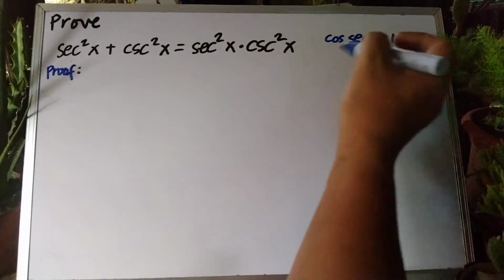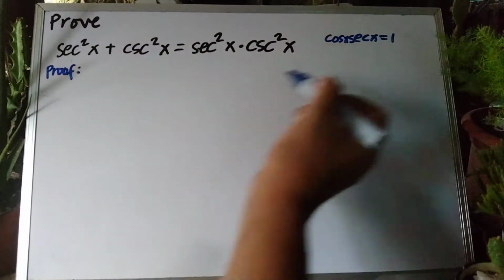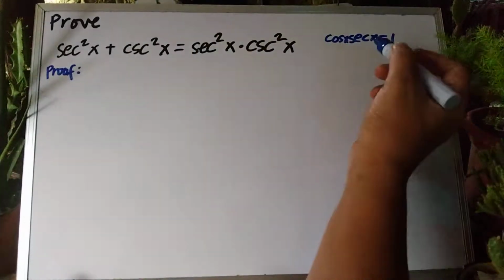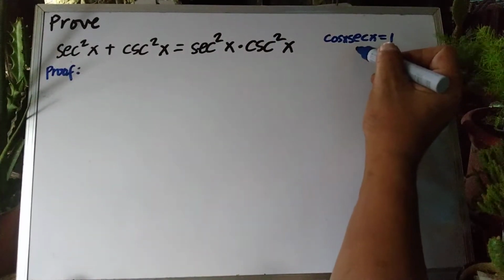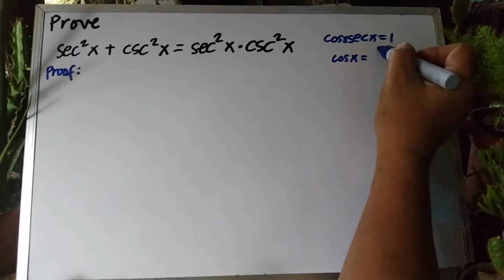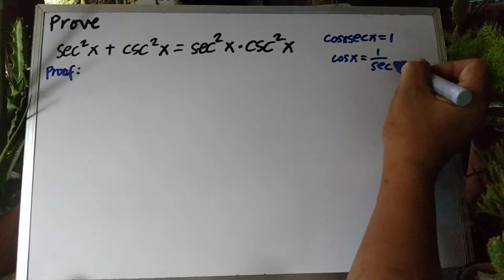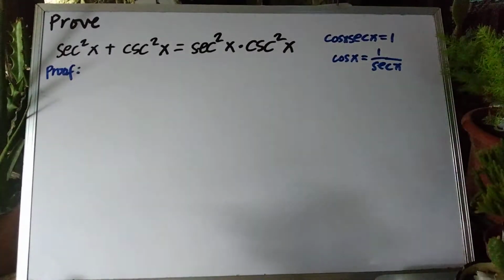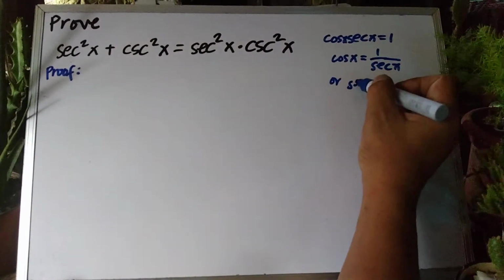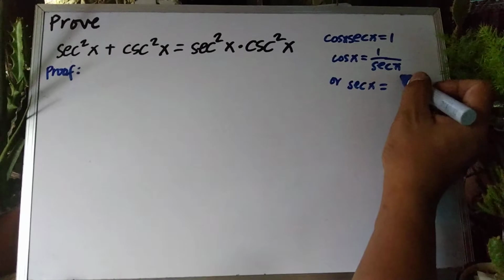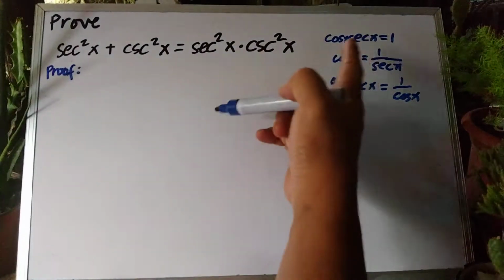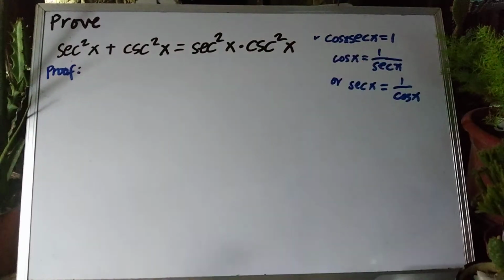Kumbaga, ang product ng cosine x at saka secant x is equal to 1. So, using the reciprocal identity, pwede nating sabihin na si cosine x is equal to 1 over secant x. Or, pwede din si secant x is equal to 1 over cosine x. Dinivide lang natin ito.